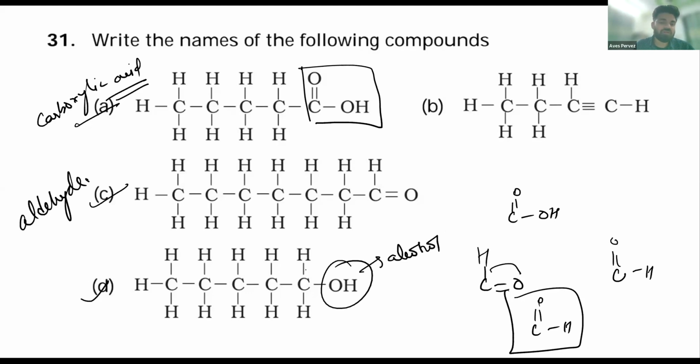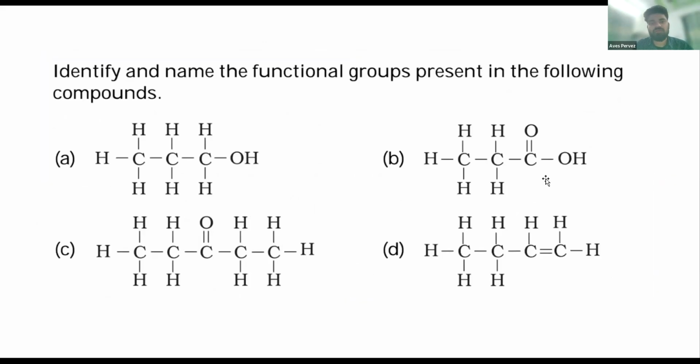Because C is not doubly bonded with O. If C is doubly bonded with O, then it will become carboxylic acid. If it is only an OH group attached and not attached with other oxygen atoms, it means it is alcohol. This one is alkyne, the alkyne functional group. Got it? Yes, sir. Next again.